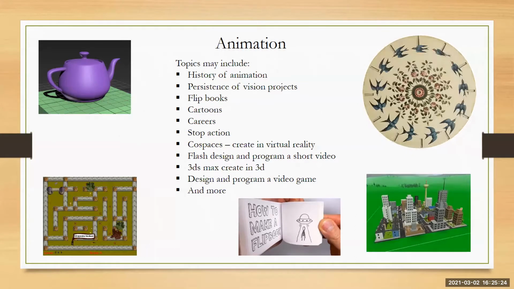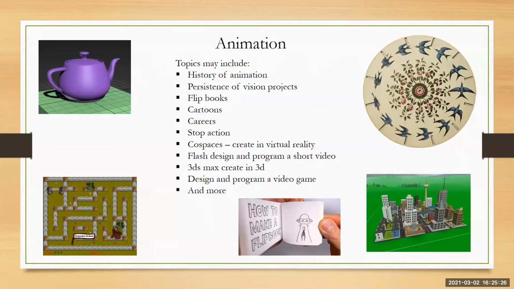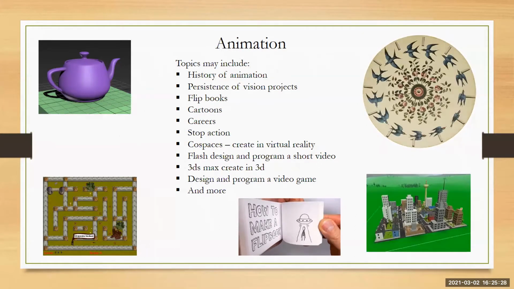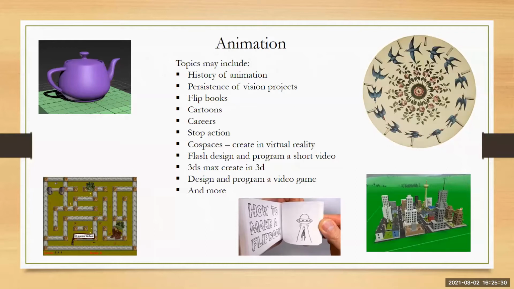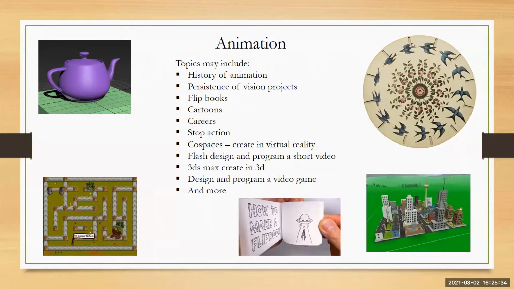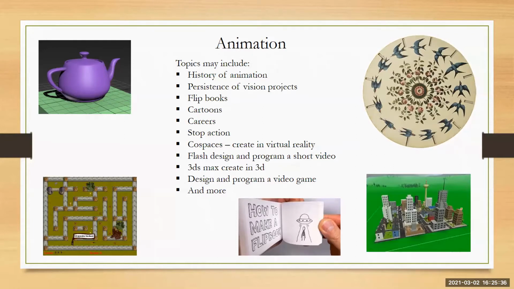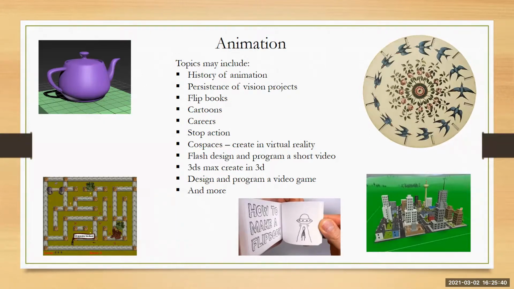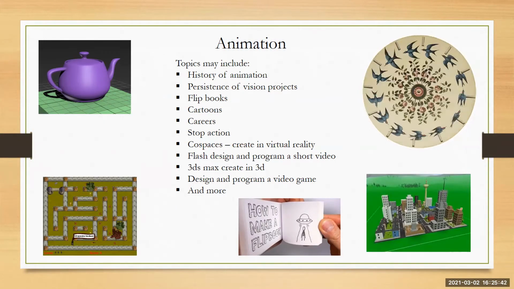We're not an expert in any one thing, but it's an exposure to a lot of different things. The 3D Max software is available for us to use in that class also, as well as several other softwares we've used for gaming and different things like that.